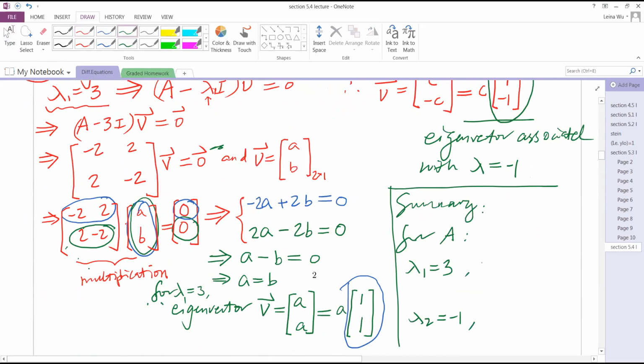For the eigenvector related to lambda equals 3, I can say it's 1, 1 as a representative. For the eigenvector corresponding to -1, I can say the eigenvector would be 1, -1. These are the representative eigenvectors. And of course, you can multiply this eigenvector by any non-zero scalar to get a bunch of others.